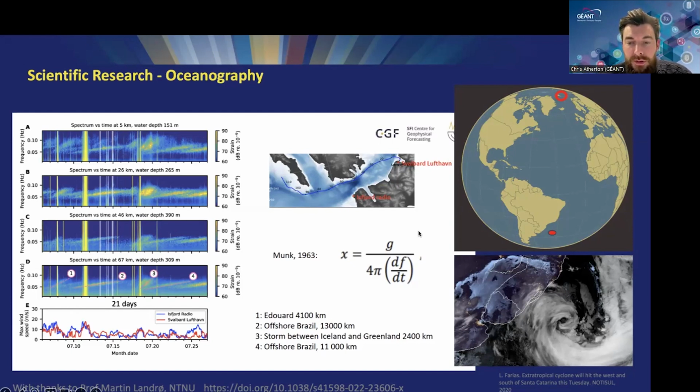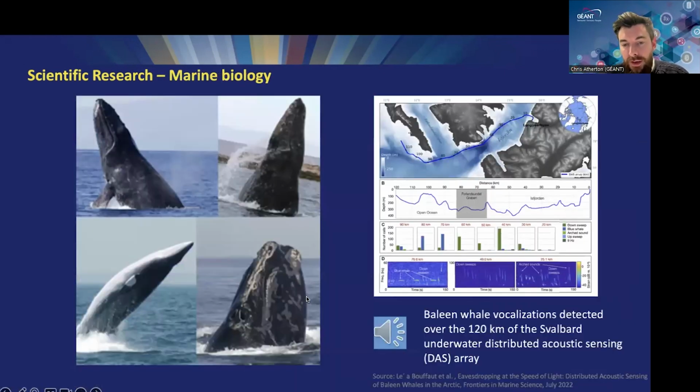So this type of technology has the potential to monitor the Earth's oceans as well as the movements of the land. And then the other case that we have on the ocean side of things is marine biology.